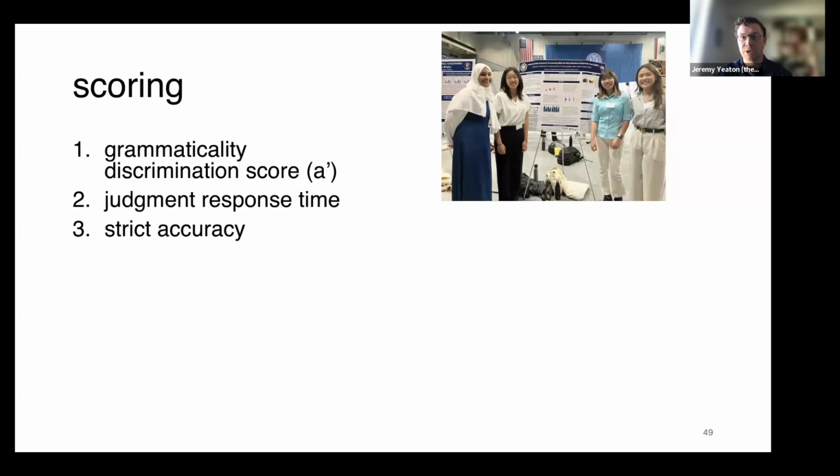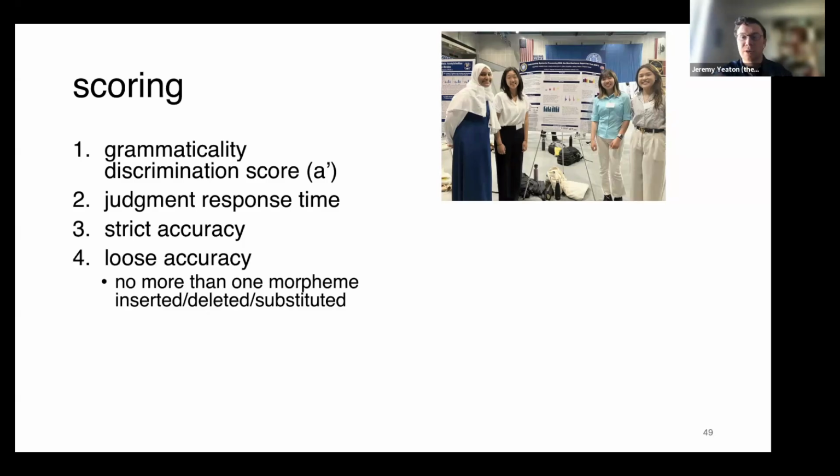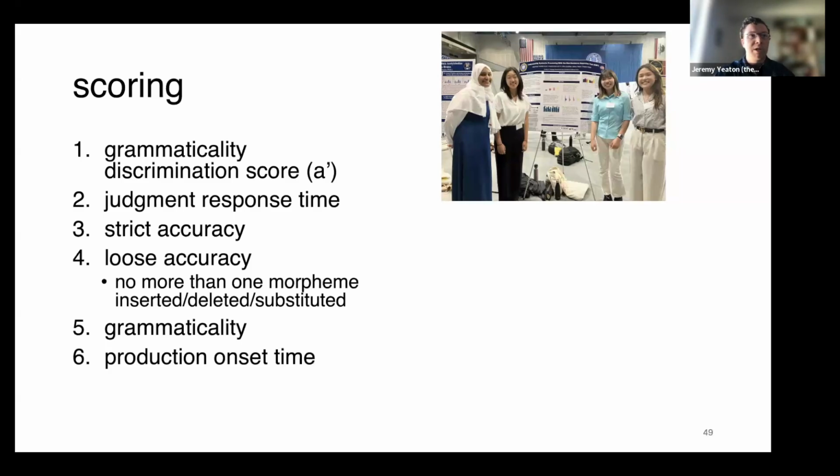We have strict accuracy, which is modulo mispronunciations and mistypings. Did you get exactly what was in the input? And then we have loose accuracy, which is if we give you a little bit of leeway, if you have the right answer, modulo 1 morpheme inserted, deleted, or substituted, we can give you credit for that. And then all of the items are annotated for grammaticality. And then in terms of online production measures, we can look at production onset time and production rate.